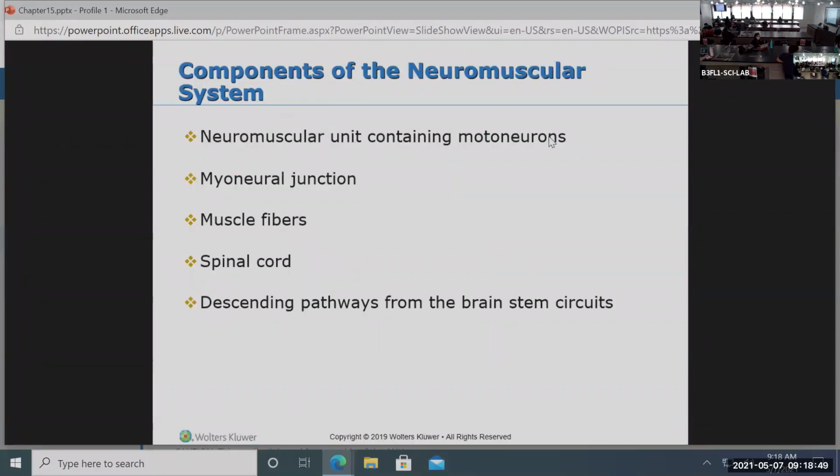The first slide is over here. It says the components of the neuromuscular system, not neuromuscular junction.